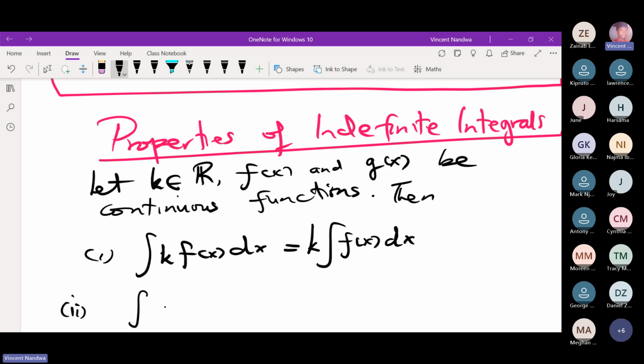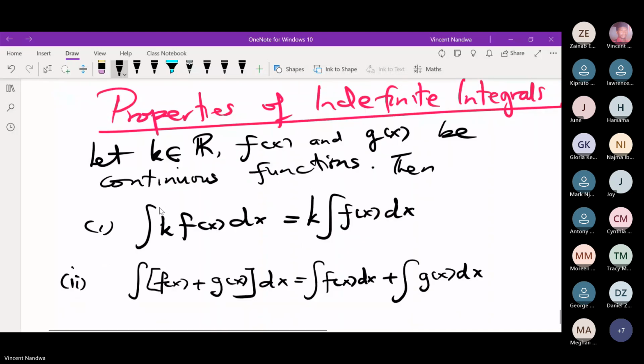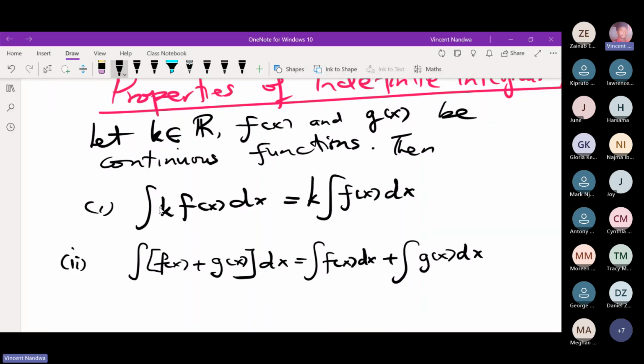Then the integral of f of x plus g of x dx is the same as the integral of f of x dx plus the integral of g of x dx. That is, if you are integrating the sum of two functions, it's the same thing as the sum of the integrals of the two functions.